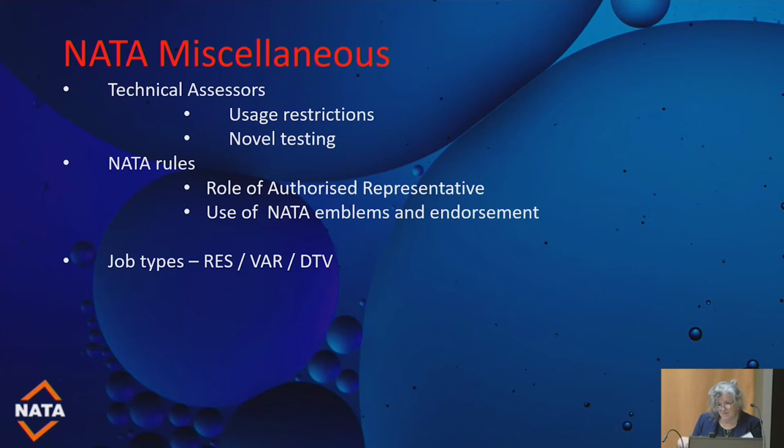A variation visit is when people want to add something to the scope. That's usually on site. We add it as a variation visit because the lab has had no expertise in that field before. It's new or novel testing, and that's why we need to go on site. As opposed to a DTV, which is a desktop review, which you may be asked to do.